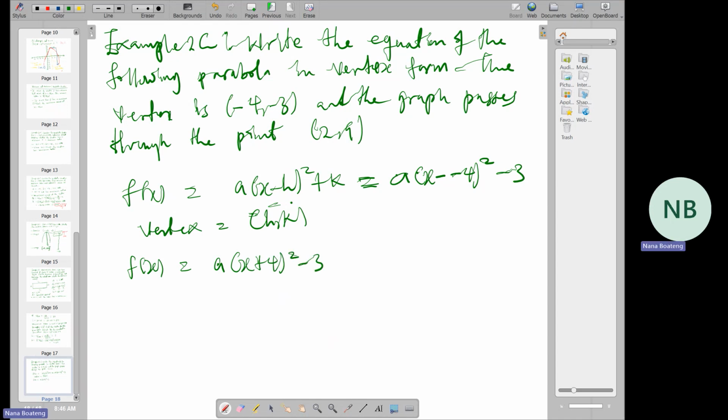All right, so we have this. And we are told that the graph passes through the point 2, 9.